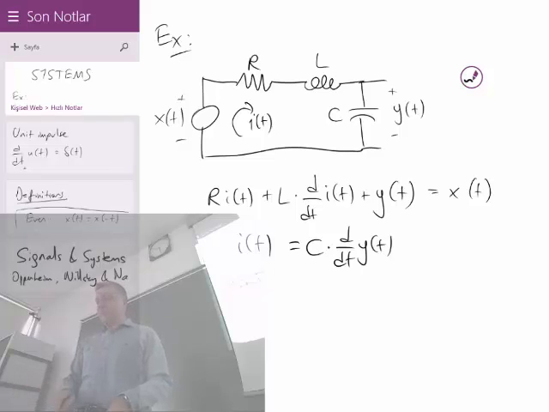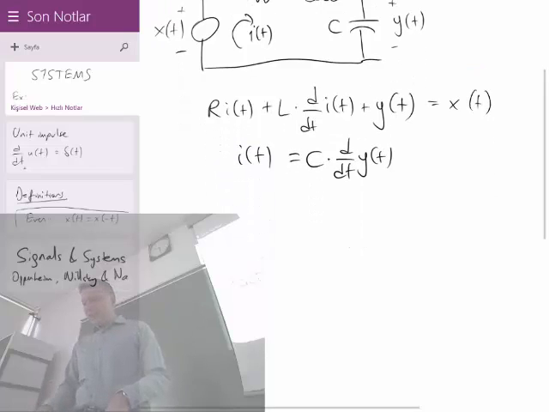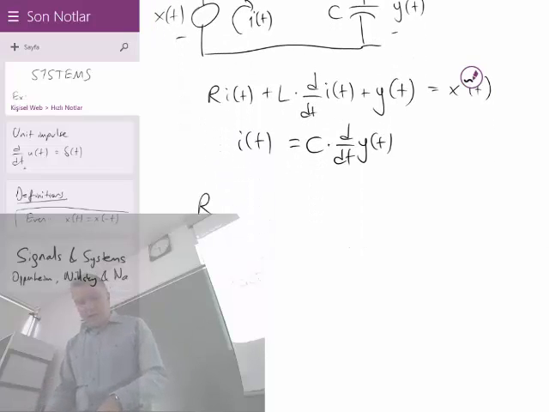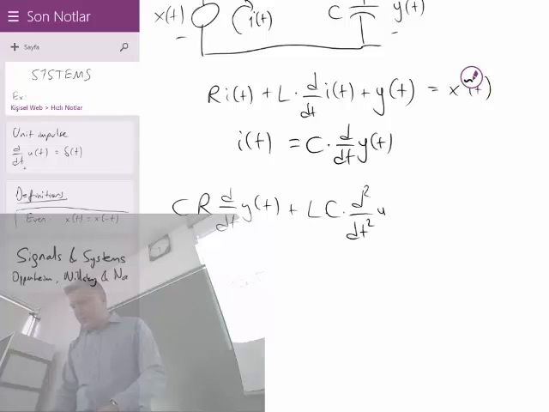Whenever we see I of t, we can substitute it with C times d by dt of y of t, which will give us R times C times d by dt of y of t, plus L times C times the second derivative of y of t, plus y of t is equal to x of t.